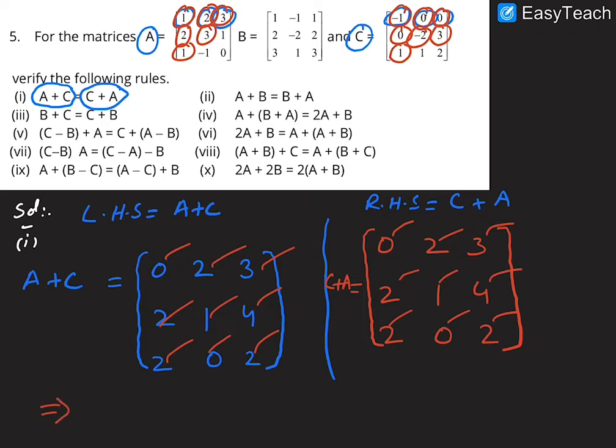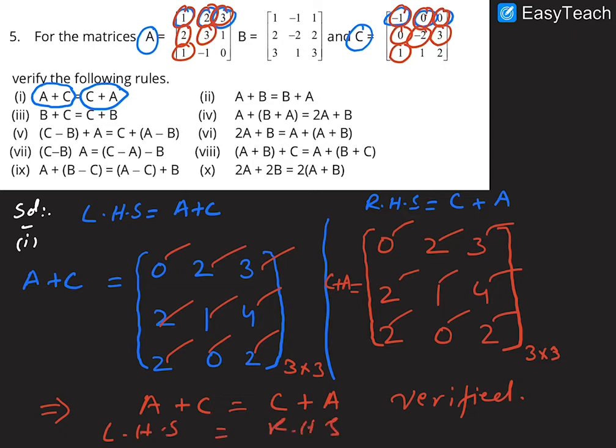So this means A plus C is equal to C plus A. Commutative law of addition. By equality of two matrices, matrices are equal if their order is the same, and corresponding elements are also the same. So we have verified that the left hand side is equal to the right hand side.